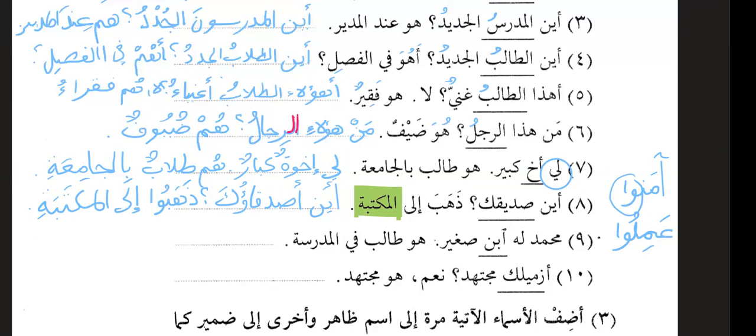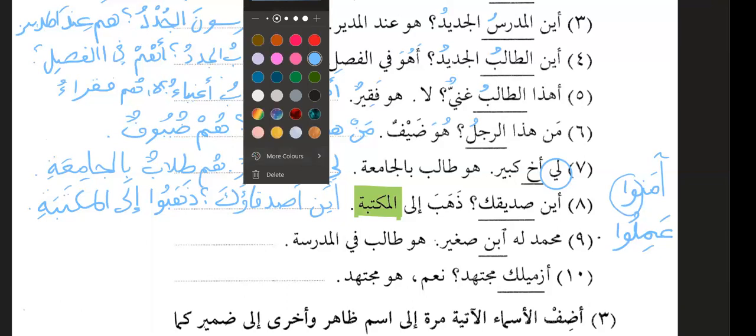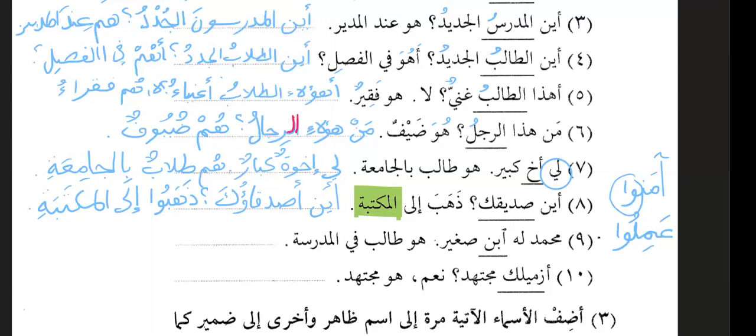Okay. نعم جيد. إسماعيل: محمد له ابن صغير. هو طالب في المدرسة.